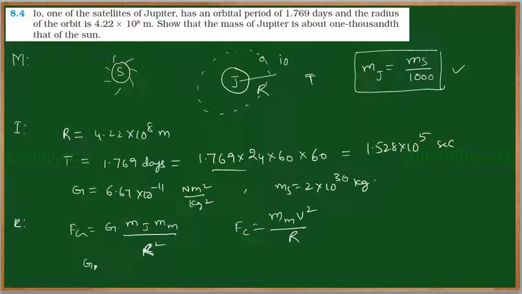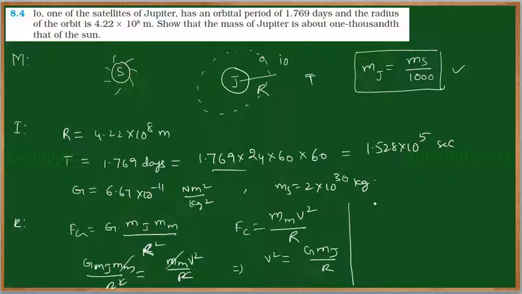So I am writing G Mj Mm by r² is equal to Mm v² by r. Mm gets cancelled and r gets cancelled, so the remaining thing is v² is equal to G Mj by r. I want to write an angular velocity component in it, so v is equal to r omega, where omega is the orbital angular velocity of that moon. So (r omega)² is equal to G Mj by r.